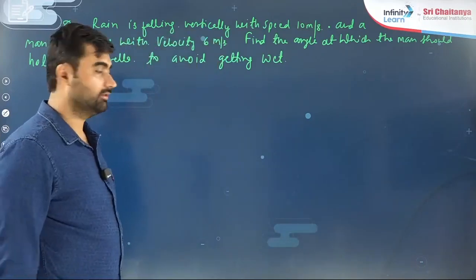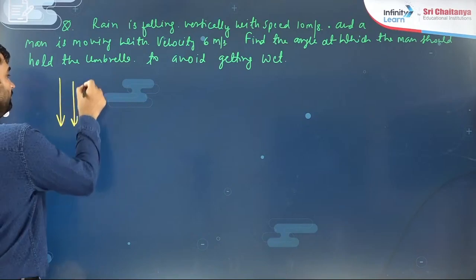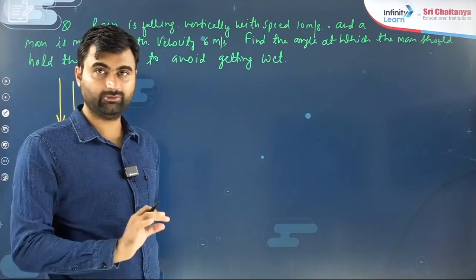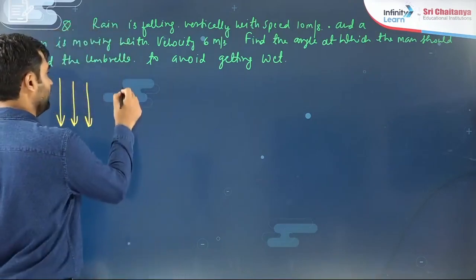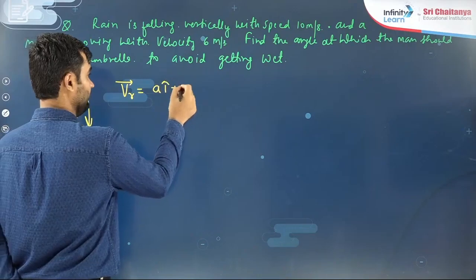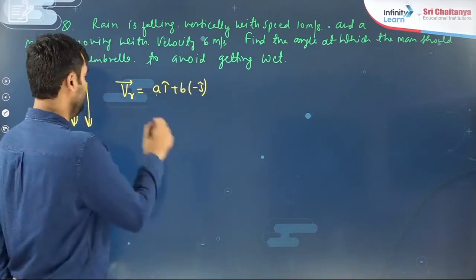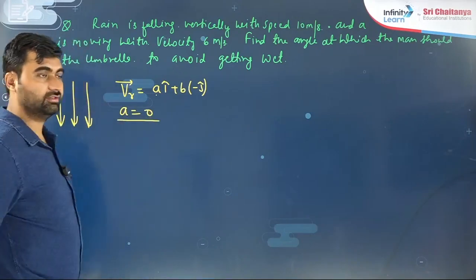Speed is also given. It means these raindrops are falling like this. If raindrops are falling like this, there is no horizontal velocity, whatever velocity there is, is in the vertical direction. So we have to assume the velocity of rain as a I cap plus b minus J cap, but here the a value is 0 because there is no horizontal component in the velocity of rain.